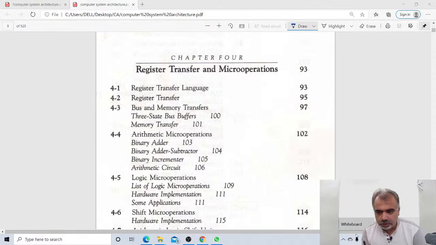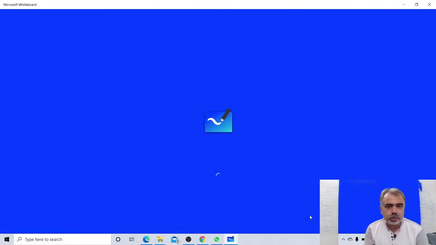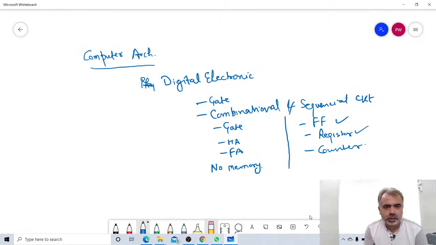Before starting this, let me quickly introduce computer architecture and why it is called computer architecture. Architecture means how a computer is designed.